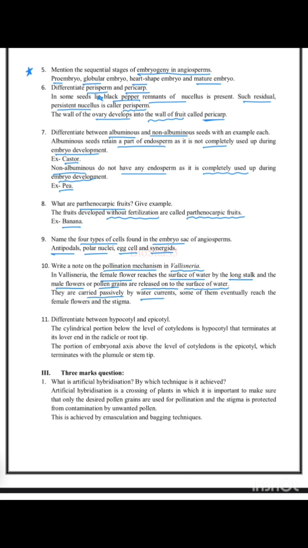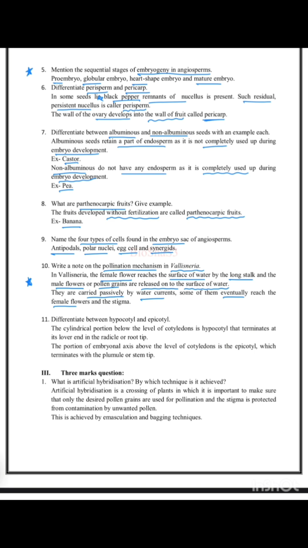That is, there is no need of any extra energy and some of them eventually reach the female flowers and the stigma. So this is how the pollination mechanism happens in case of Vallisneria. So this is also one important question. See the question, whether they have asked with the diagram or they have just asked you the explanation.